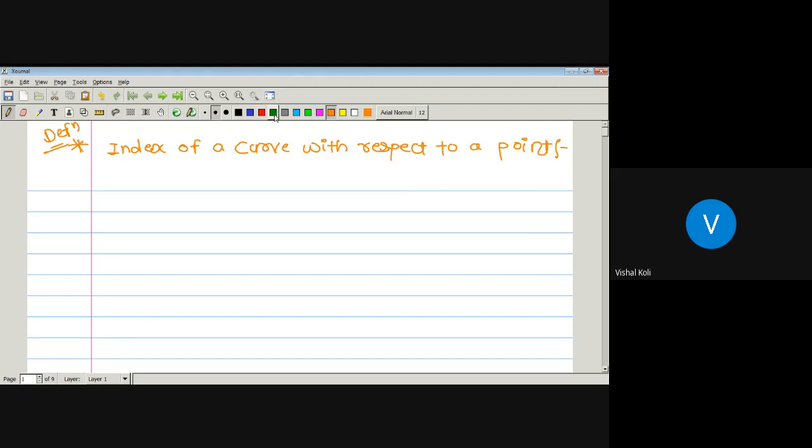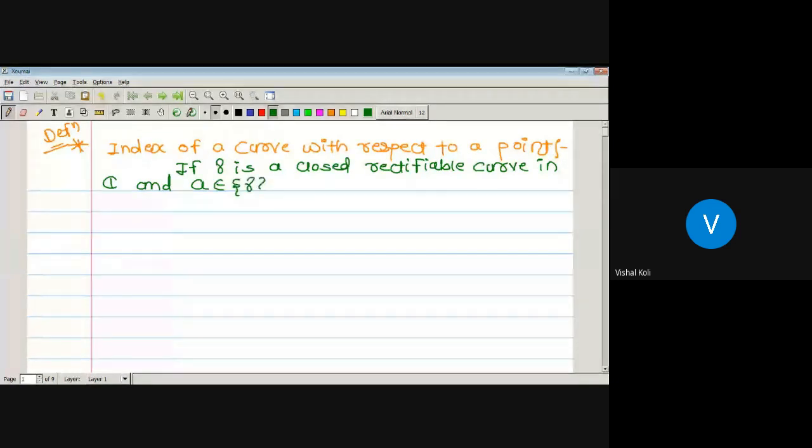Suppose gamma is a closed rectifiable curve. Closed rectifiable curve means its length will be finite. Let gamma be a rectifiable curve in the complex number system, and A be a point which is not belonging to the trace of gamma.